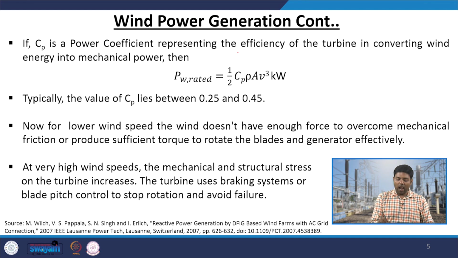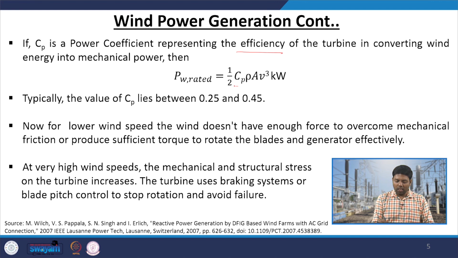Now, I told you this is the maximum power you can get, but obviously you will not get maximum power because you have so many parts, the gearbox, the generators, your blades, everything is a mechanical device. So, obviously there are certain losses and certain efficiency levels.